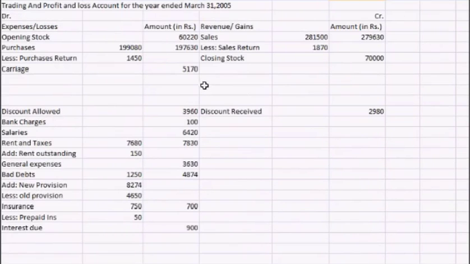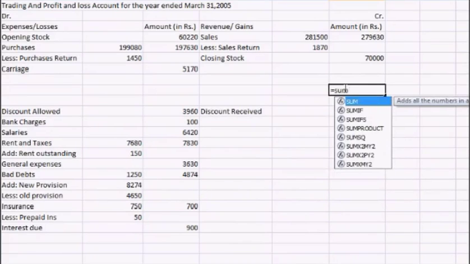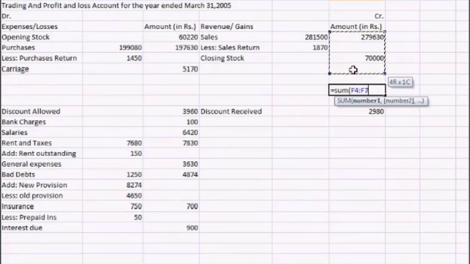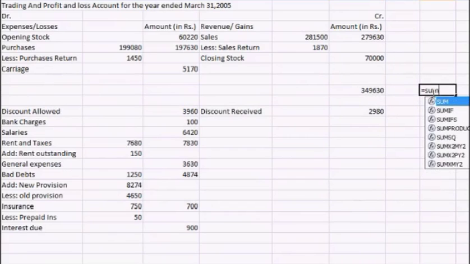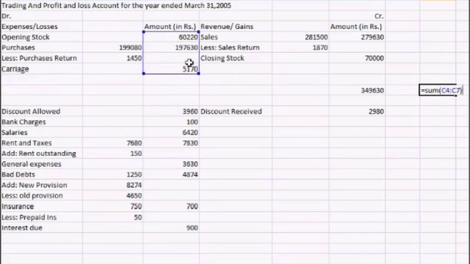Now we need to calculate the gross profit. Just write the balance amount, sum. The sum is here. Take the sum of the other side. What we have here is we sum this amount. Now we take the difference.